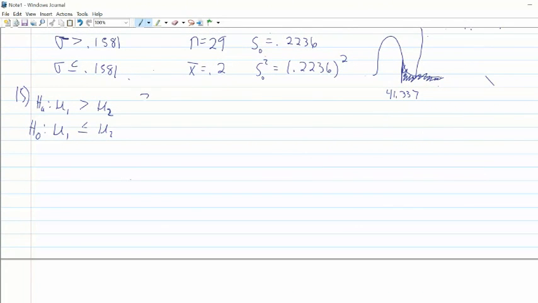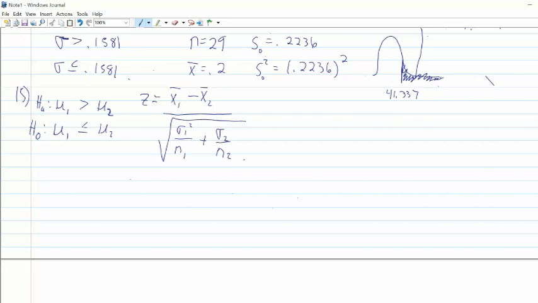Your z value is going to be equal to x bar sub 1 minus x bar sub 2 over the square root of the variance over n sub 1 plus the variance over n sub 2.